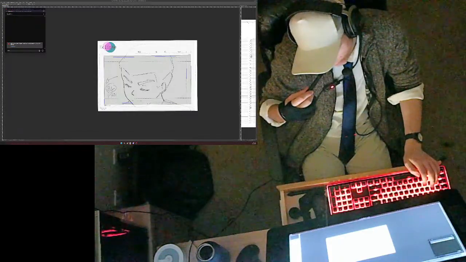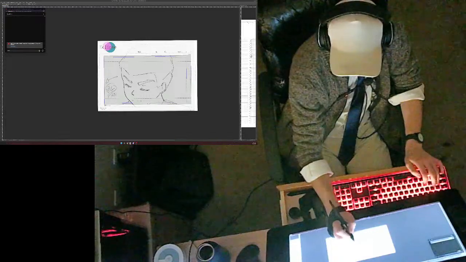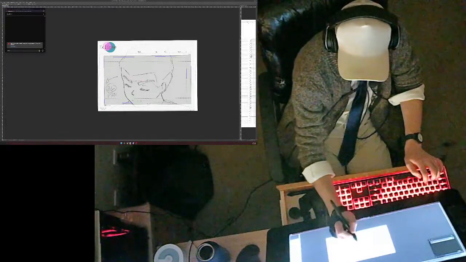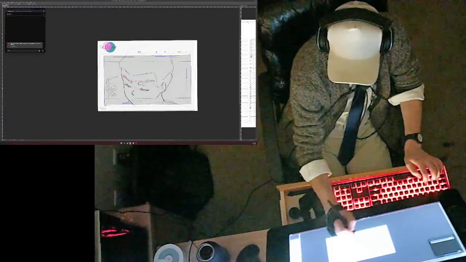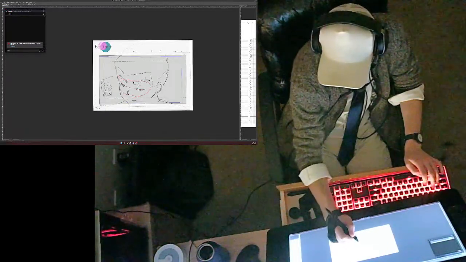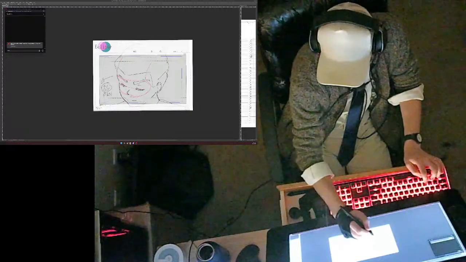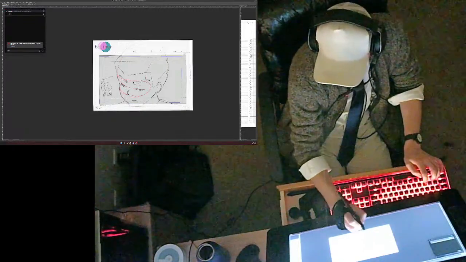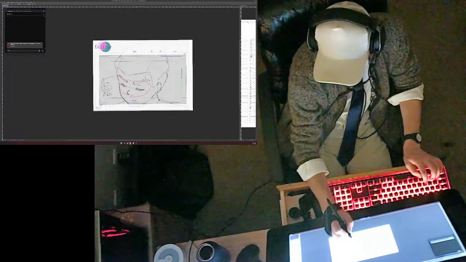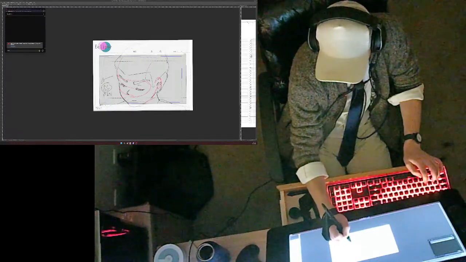Because it feels like the structure should be something like this, right? And then, bing bop bam. I don't know, something like that.